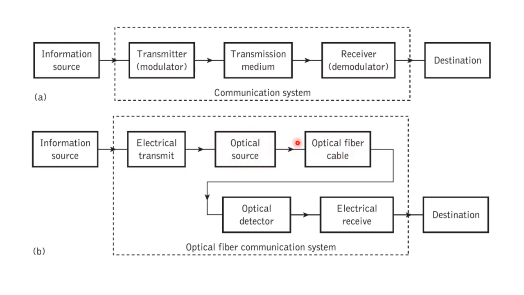Next we have the optical fiber cable, that is the transmission medium. Next we have optical detector. That optical detector actually converts the optical signal into equivalent electrical signal. Next we have electrical receiver like this one, and we have the destination.